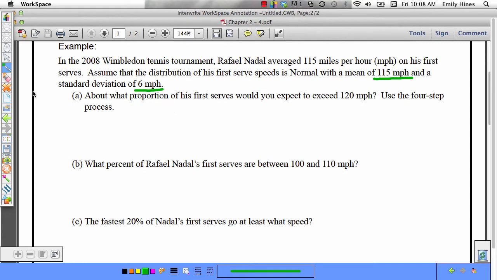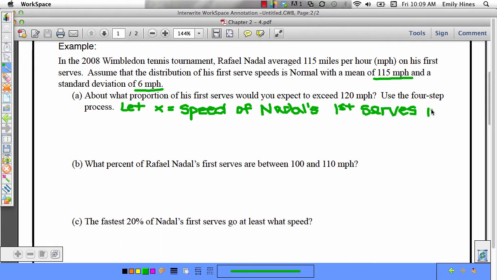Use the four-step process. So the first thing we need to do is state. And to state, we are going to say, let x, a variable, equal the speed of Nadal's first serves in miles per hour. I want to know what proportion of that is greater than 120.